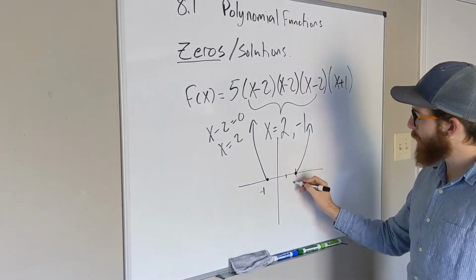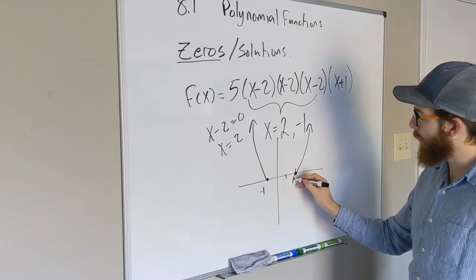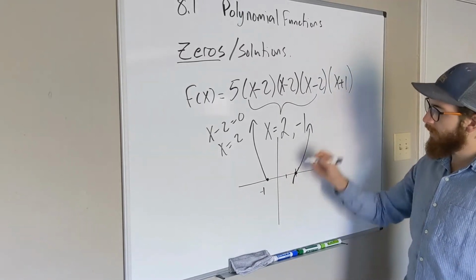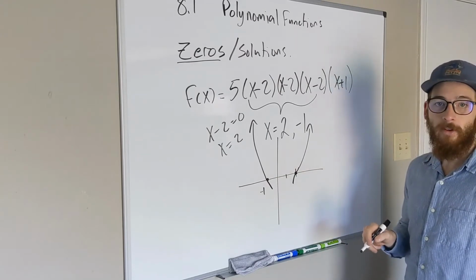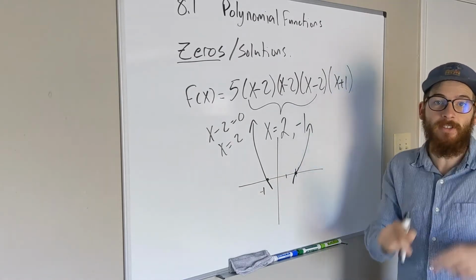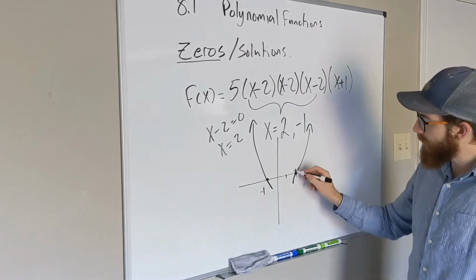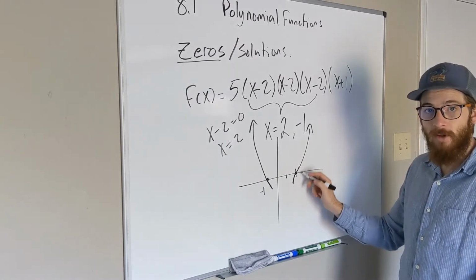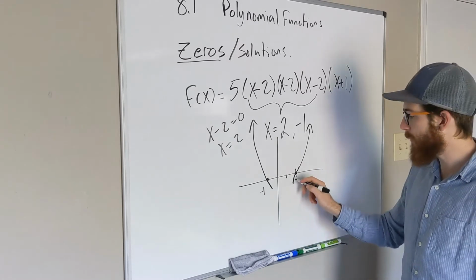So when it goes through this, it should curve through. If there's 1, it goes straight through. If there's 2, it bounces. So even bounces at the 0, odd curves through the 0, and 1 goes straight through the 0.